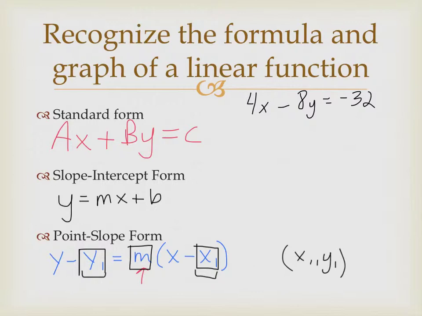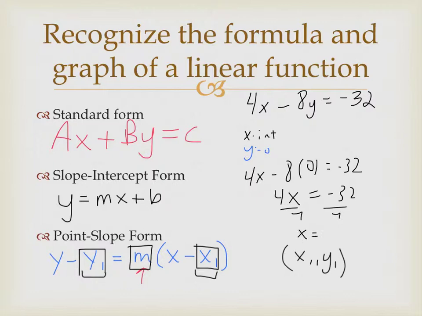If I wanted to find the x-intercept, I would make y be 0. If y was 0, I would have 4x on the left-hand side, and I could solve this equation. Divide by 4, boom. x is negative 8. So when y is 0, x is negative 8.